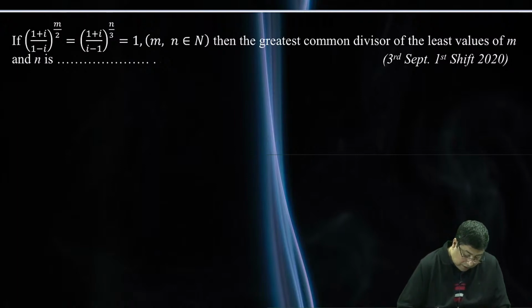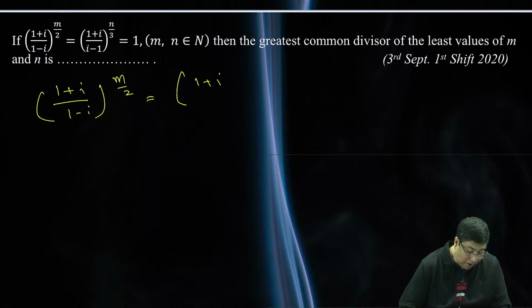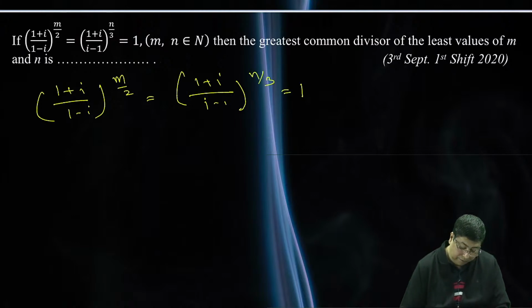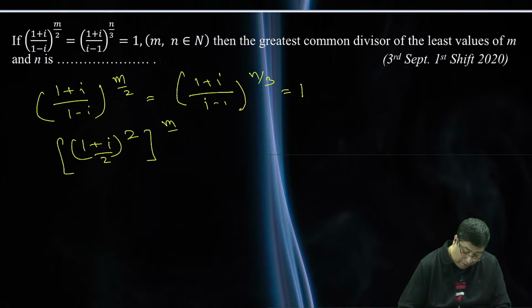So, we can write this as 1 plus i by 1 minus i whole to the power m by 2 equal to 1 plus i by i minus 1 whole to the power n by 3 equal to 1, is given. Let us rationalize the denominator as previous: 1 plus i whole square by 2 whole to the power m by 2.